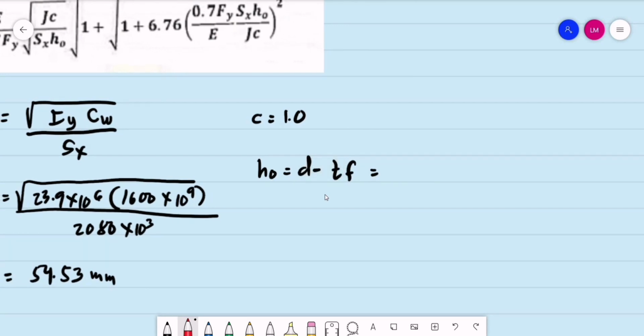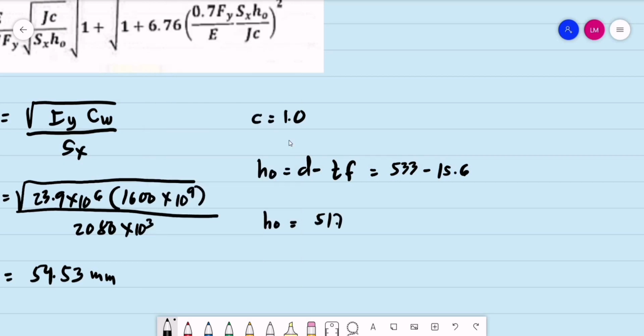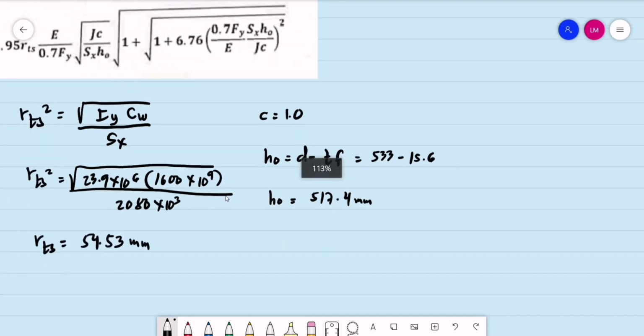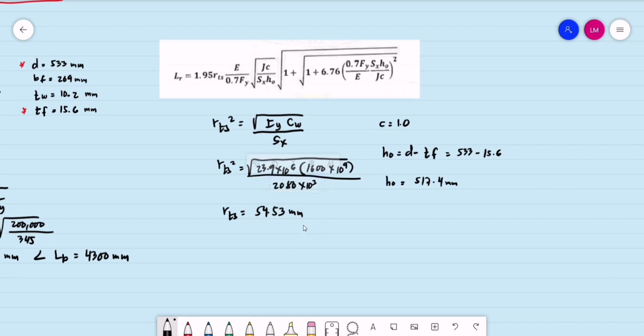So our H sub O is equal to 533 less 15.6. We have H sub O as 517.4 mm.